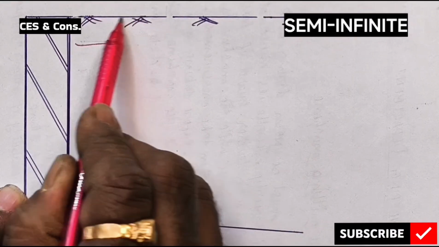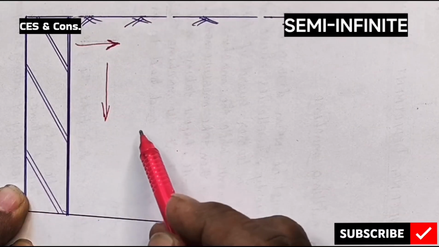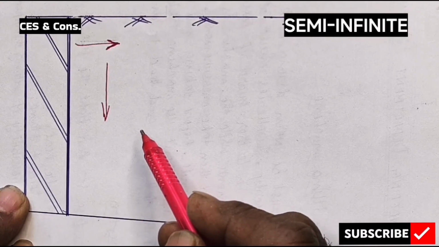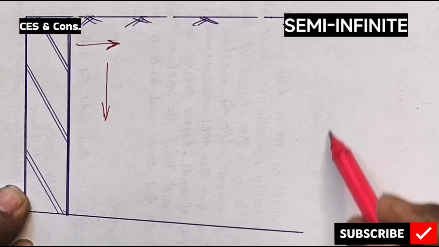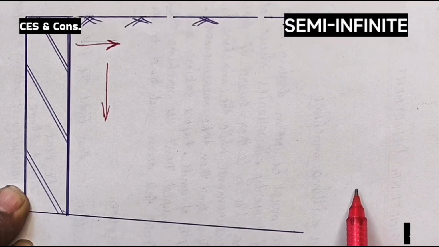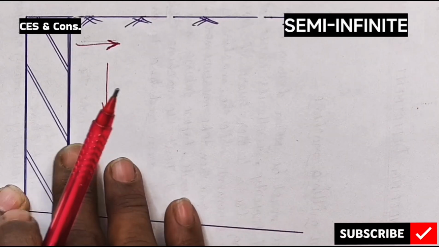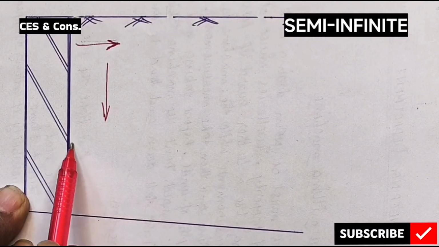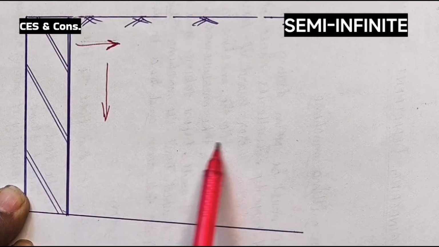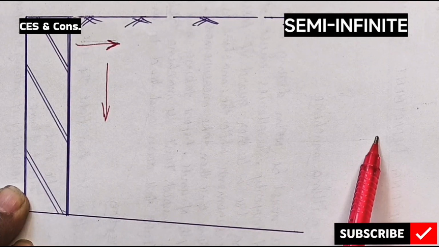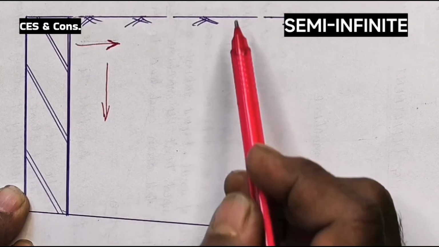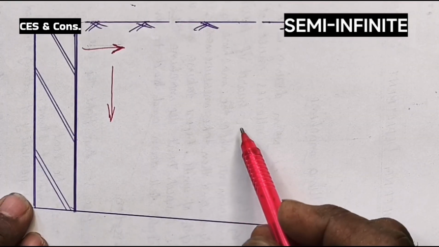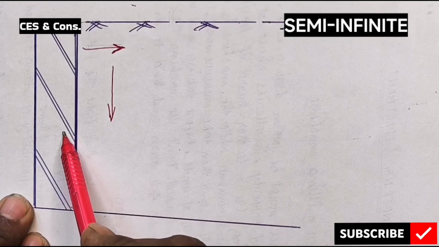So here it is limited. It is not bounded by any vertical or horizontal rigid boundary. It means there is no horizontal or vertical rigid boundary which restricts the soil mass. It extends very far away from the wall, and the only boundary is the top ground surface which is open to air. Just imagine you construct a retaining wall.